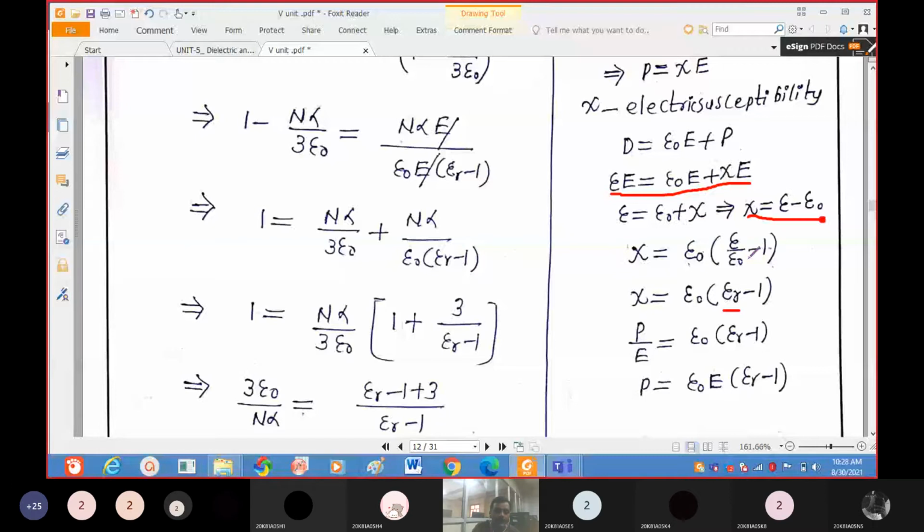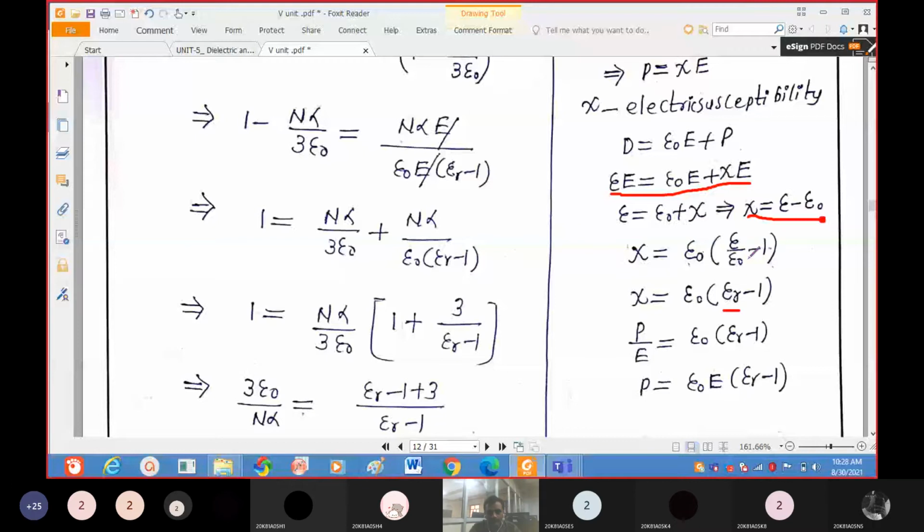So, understood this Clausius-Mossotti equation? Once again I will explain. What is the Clausius-Mossotti equation? This equation is just the relation between the dielectric constant and polarizability.